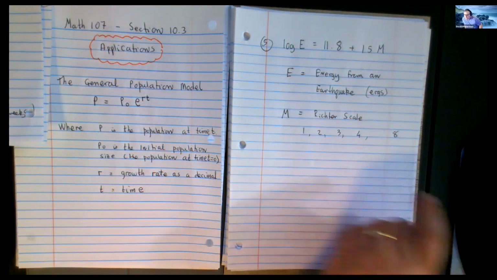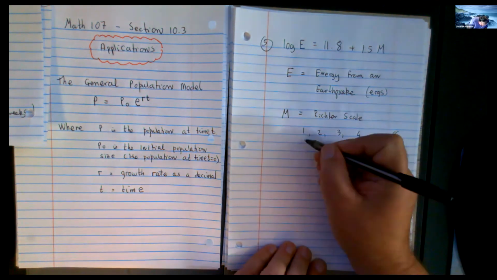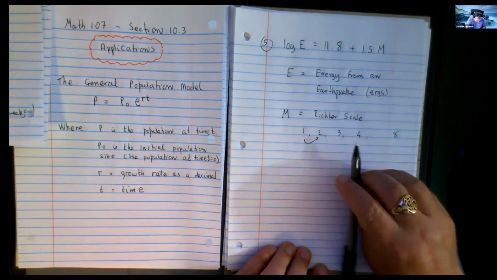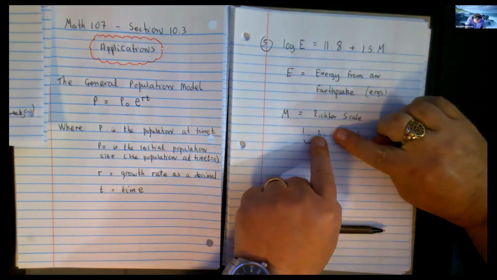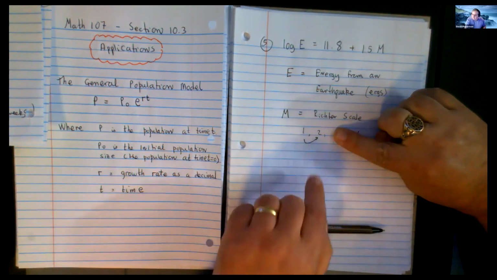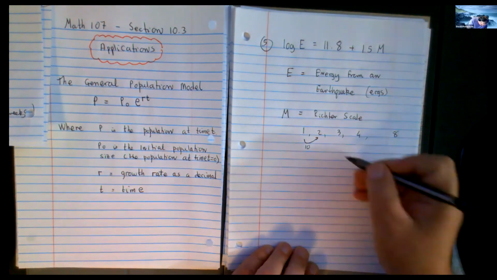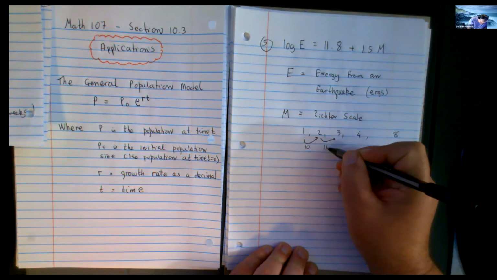The scale is what's called a logarithmic scale. What that means is that an earthquake of Richter scale 2 is not twice as powerful as a level 1. It's actually 10 times as powerful. And a 2 to a 3 is 10 times more powerful.